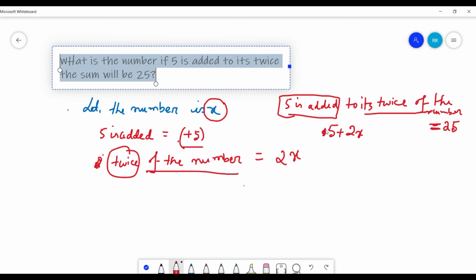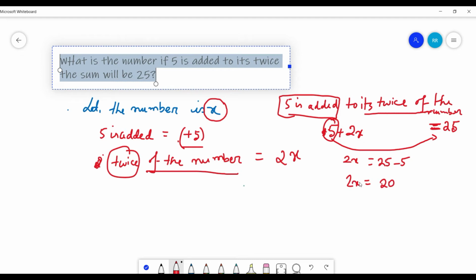Now this is the translation of the whole word statement. Okay, so what you have to do, you have to change the position of the constant 5 from left to the right. So if I change the position, plus 5 will change to minus 5, and 25 minus 5 equal to 20.